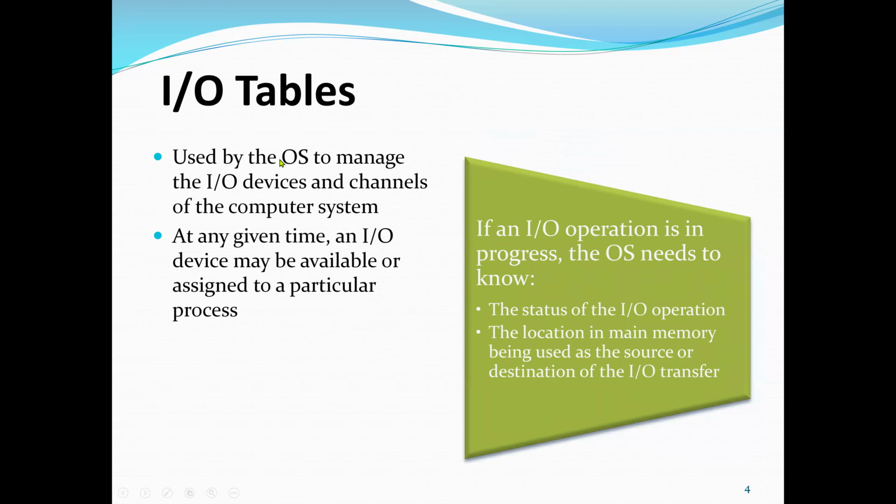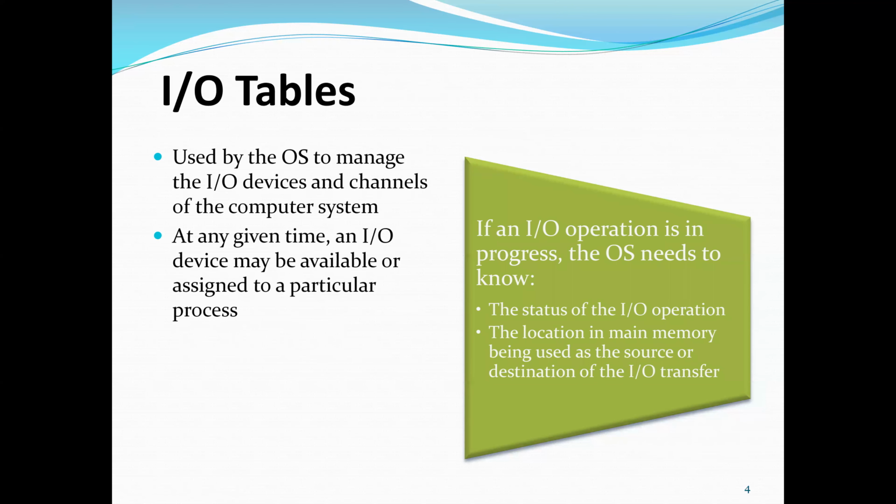Next are the input-output tables, or the I/O tables. The I/O tables are used by the operating system to manage the I/O devices and the channels of the computer system. At any given time, an I/O device may be available or assigned to a particular process.